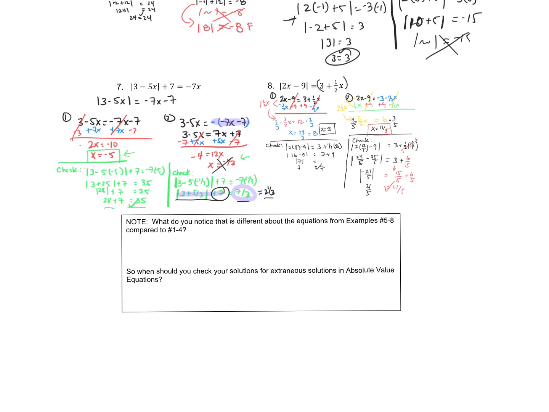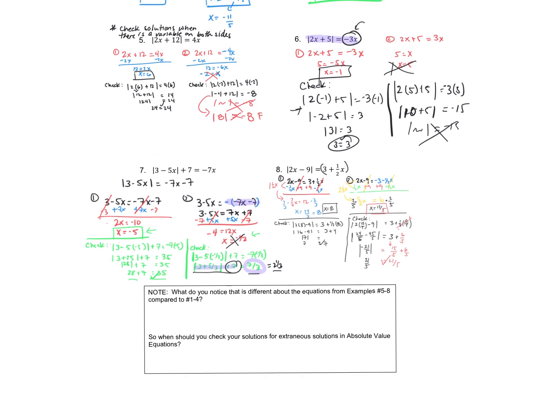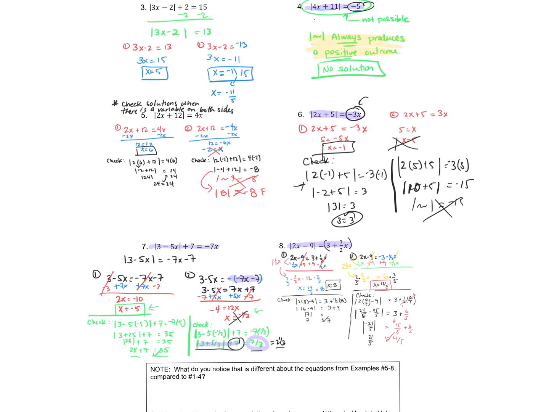It says, what do you notice is the difference about the equations from examples 5 through 8 compared to 1 through 4? So let's see, 5 through 8, we have this and this. Here's, that one's highlighted already. Okay, so look at those carefully.